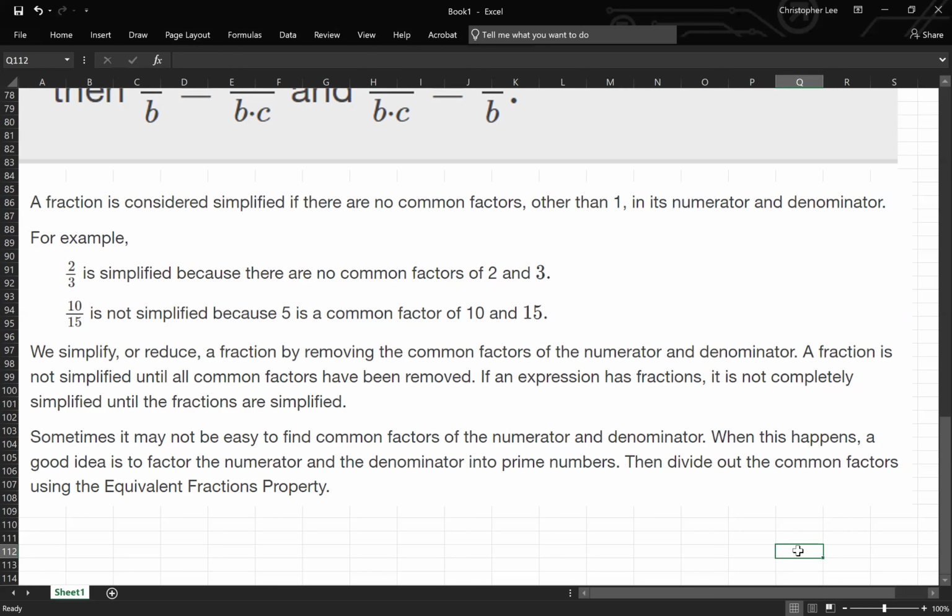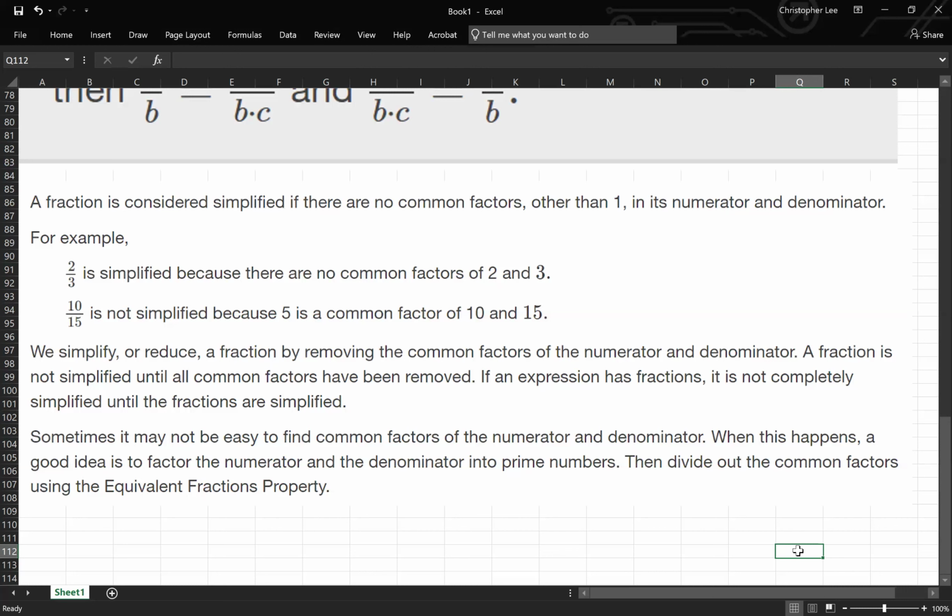So we simplify or reduce a fraction by removing the common factors from the numerator and the denominator. A fraction is not simplified until all common factors have been removed. If an expression has fractions, it is not completely simplified until the fractions are simplified.